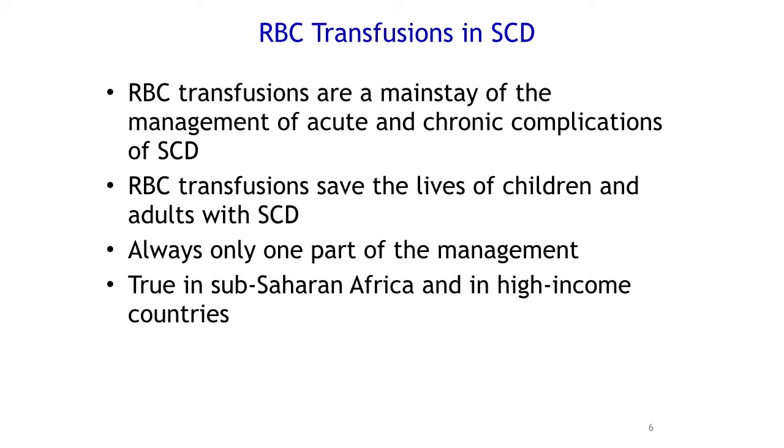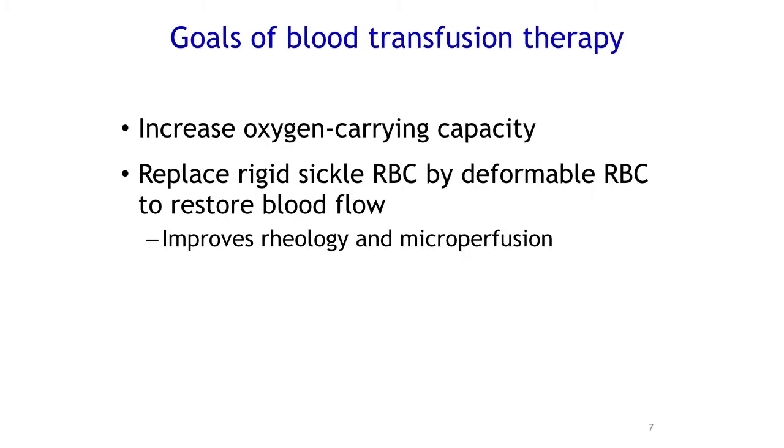The goals of transfusion: because of the deformed shape, sickle cells have a lesser ability to carry oxygen, and this is compounded by vaso-occlusion. So the goal of red blood cell transfusion in sickle cell anemia is to reduce the percentage of red blood cells that are sickled, and therefore increase the oxygen carrying capacity in these patients.